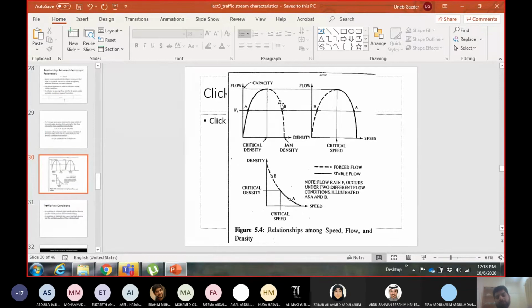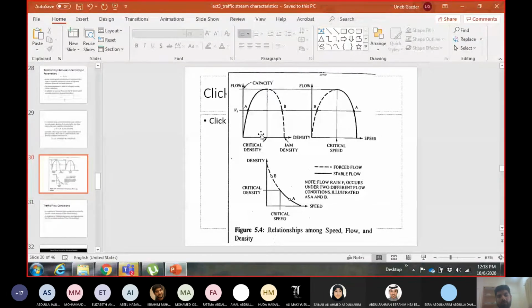Now in all these figures, you can see the curves are divided into two portions, the solid one and the dotted one. So in all the curves, you see a solid part of the curve and a dotted part of the curve in all of them. Okay. Now in the figures, you can see the solid one is before capacity and the dotted one is after capacity. Okay.